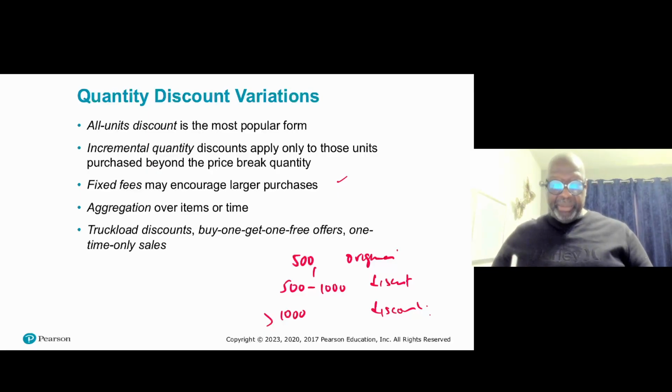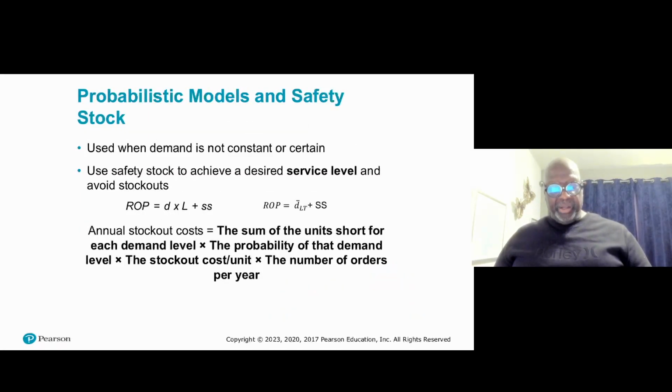Or maybe over time, you might say, if you're ordering between January and March, then we'll give you a certain discount. Okay. And then you have things like buy one, get one free. These are forms of discounts as well. Okay. So that brings us to the end of the quantity discount model.